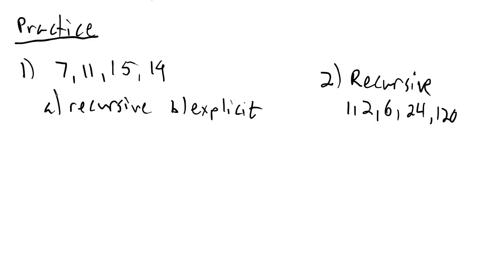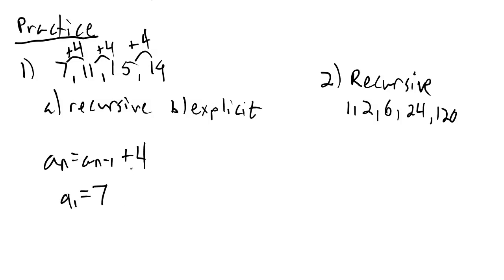All right, let's get started here. What's happening with this? Every time we're going up, we're adding 4. Makes the recursive formula easy. What's our next term? Well, it's going to be the previous term, and then we're going to add 4. And where did we start? We started at 7. For the explicit, we're going to have to do that thing where we check the terms.